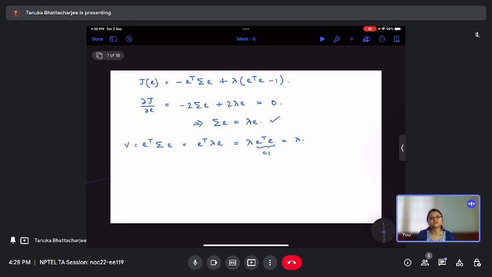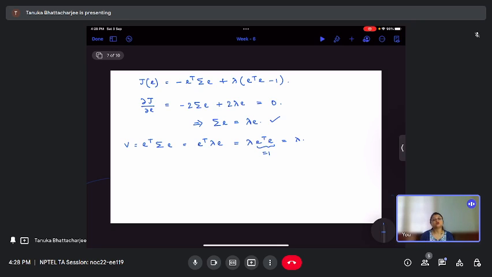So, your variance will be maximized. Because your variance is given by the eigenvalue, the maximum value possible is the highest possible eigenvalue. So, if you take the eigenvector E corresponding to the highest eigenvalue lambda as the projection direction, you will get the maximum variance of the projected data.